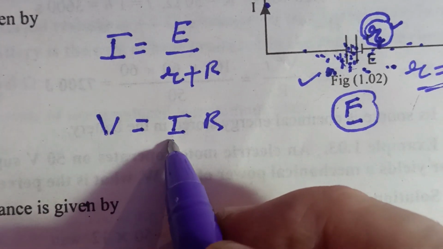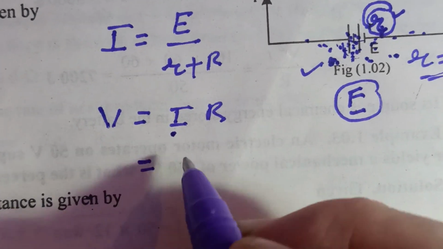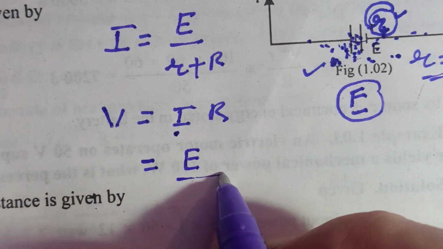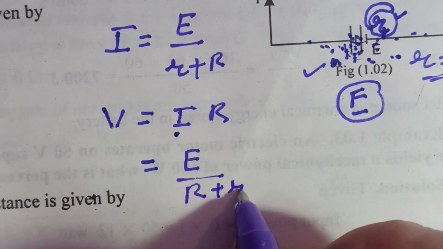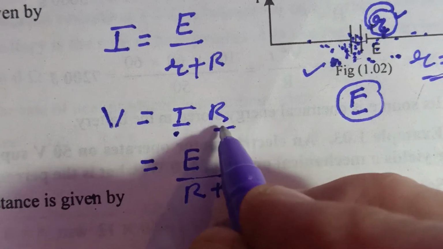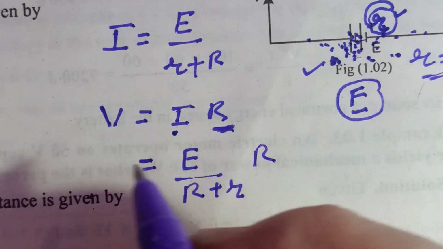Substituting the value of I, it becomes E upon capital R plus small r, into capital R. So this is the voltage.